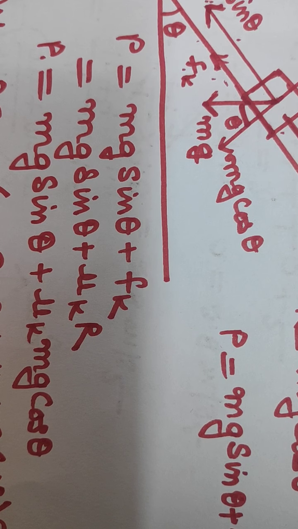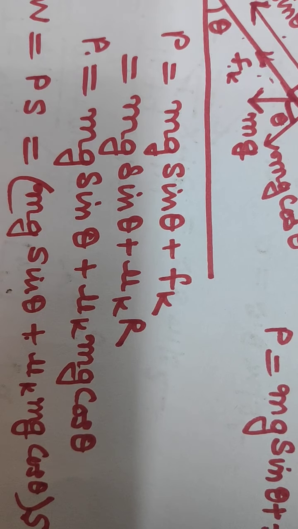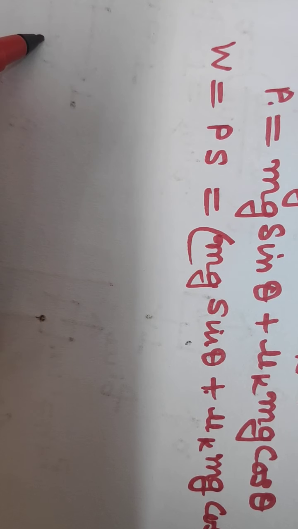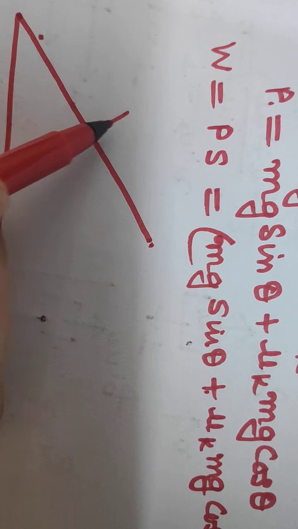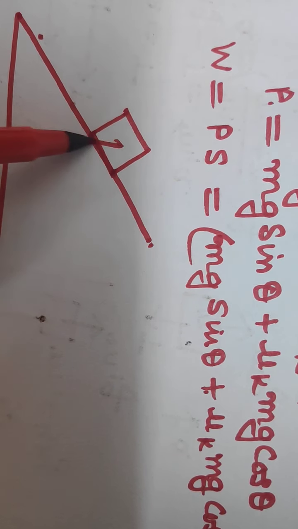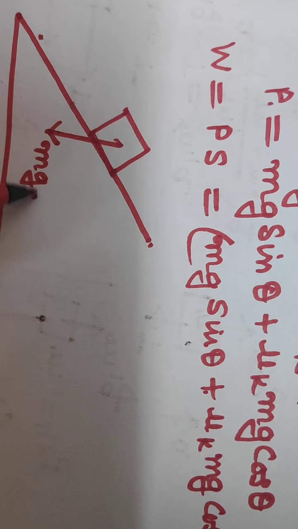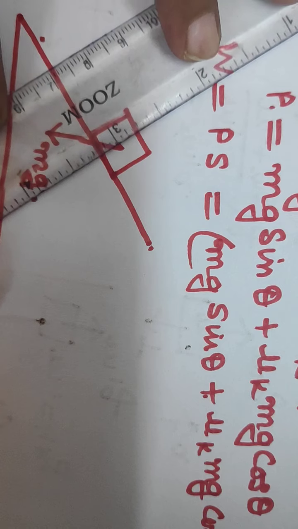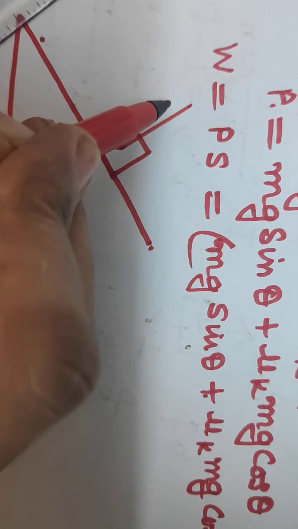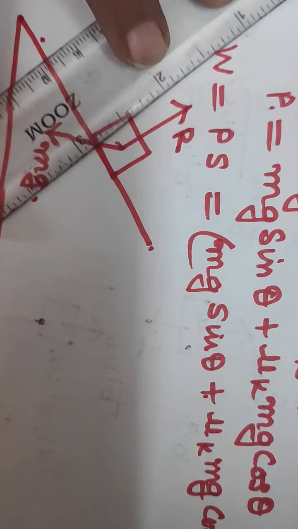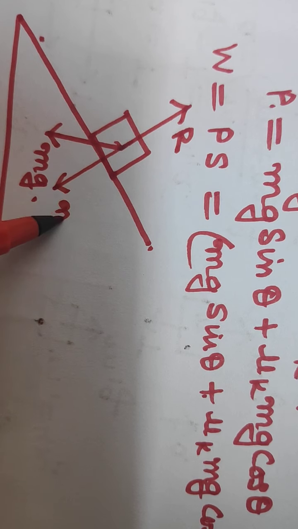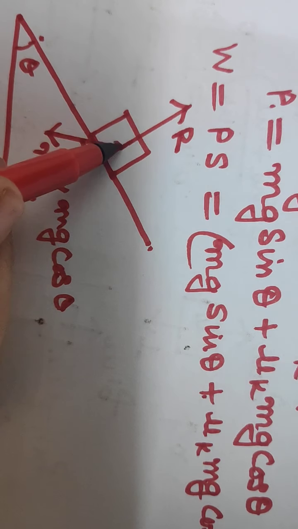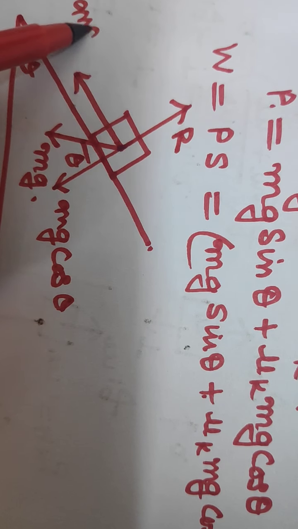Now when it is moving in the downward direction, this is the object, weight acting vertically downward, and reaction always acts normal to the inclined plane. This angle is theta, so we have mg cos theta and mg sin theta, which works in this direction.